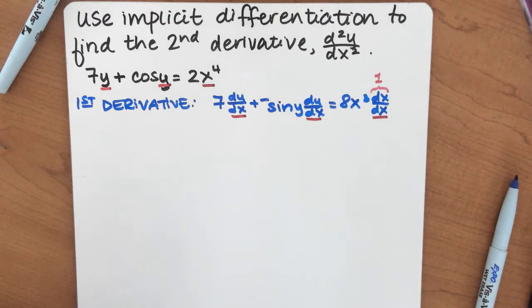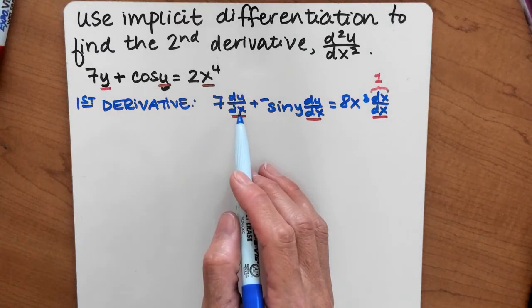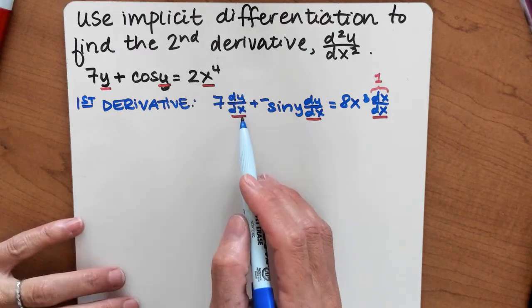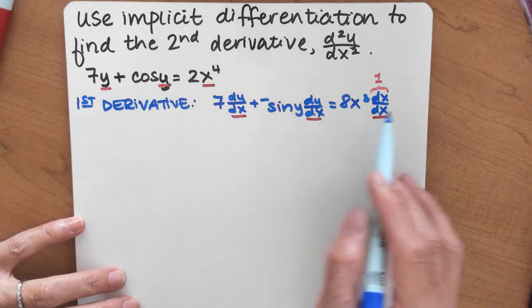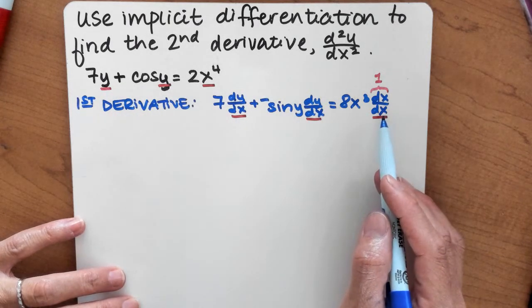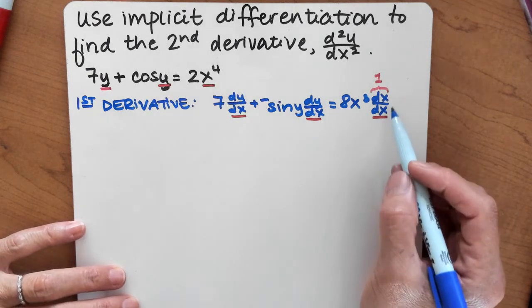So it just reminds you, every single time you have a variable, take the derivative of that variable. This is the rate of change of y with respect to x, which I get when I'm taking the derivative of y. And this is the rate of change of x with respect to the rate of change of x. Of course, that's a 1-to-1 ratio.